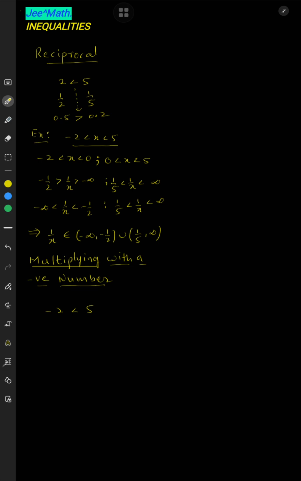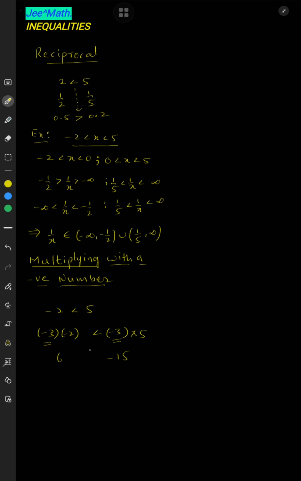You multiply with any negative number on both sides, suppose -3. Multiplying with -3 on both sides, here we get 6 and here we get -15.